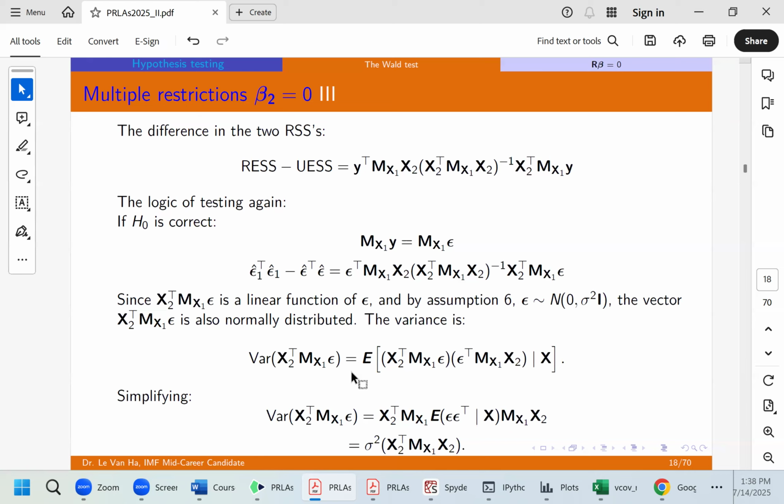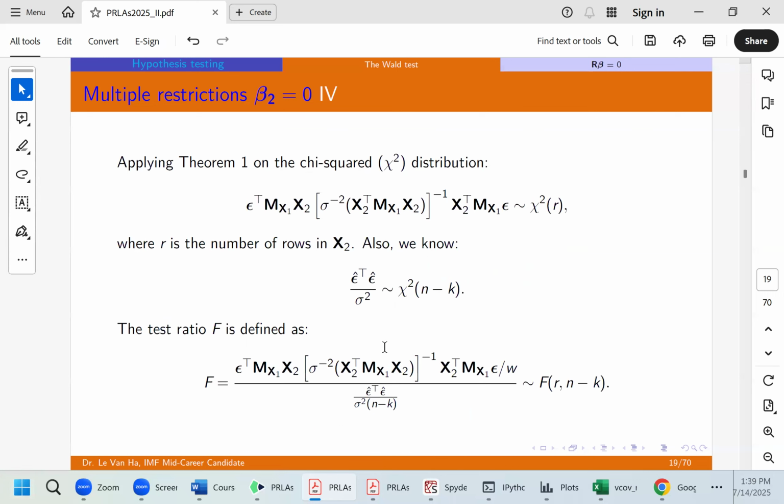You notice here that there is a term that is x2 transpose M_X1 epsilon. We consider this component here. It is normally distributed because epsilon is assumed to be normally distributed. Its variance covariance matrix is this one. So if we apply the theorem on the chi-square, it will follow a chi-square with n minus k degrees of freedom, right?